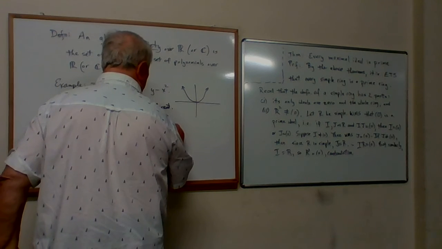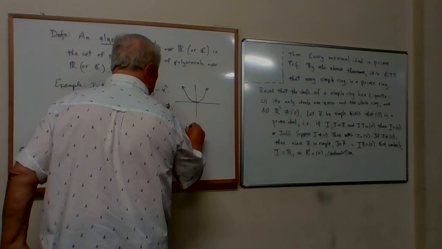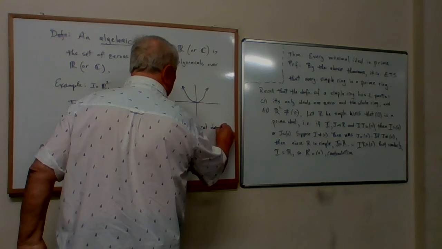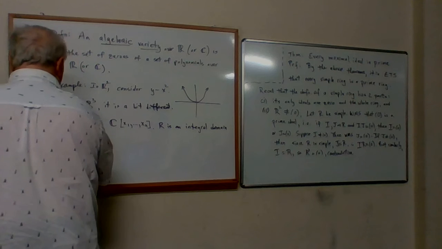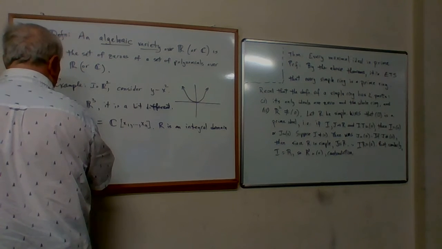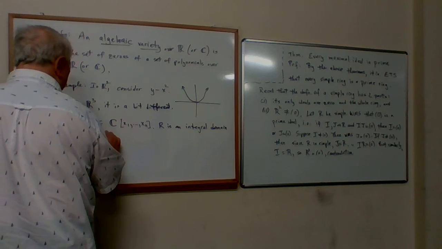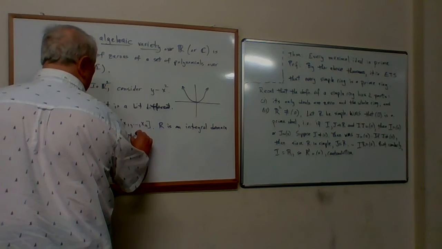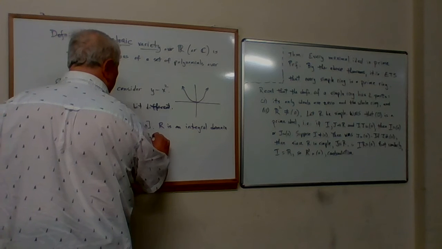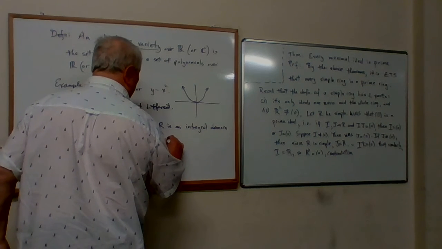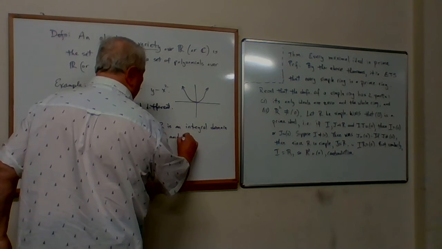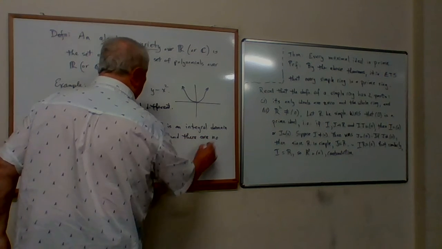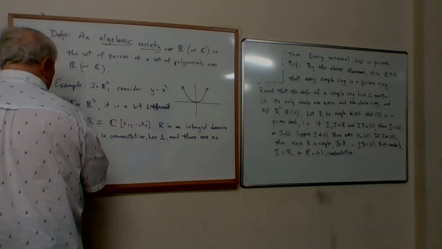So R is an integral domain because R is commutative. It has a 1. And there are no non-zero zero divisors.